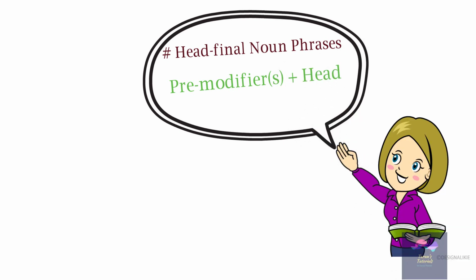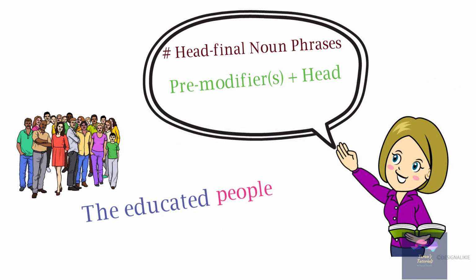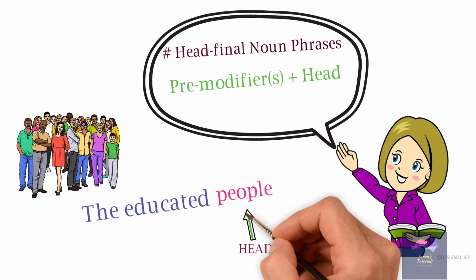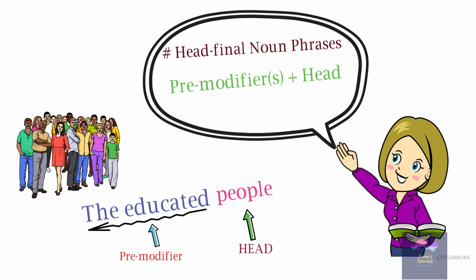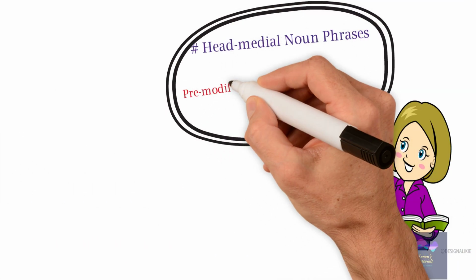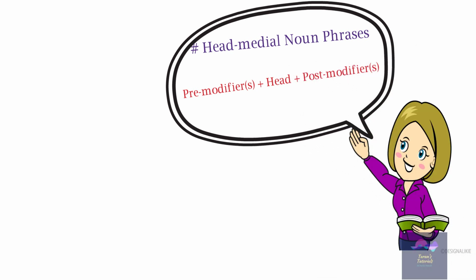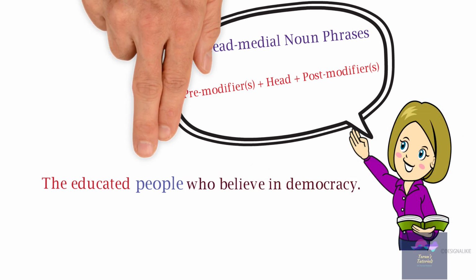For example, the educated people. Here, people is the head of the phrase preceded by the pre-modifiers the and educated. In head medial noun phrases, the head or nucleus is preceded by pre-modifiers and followed by post-modifiers. For example, the educated people who believe in democracy.